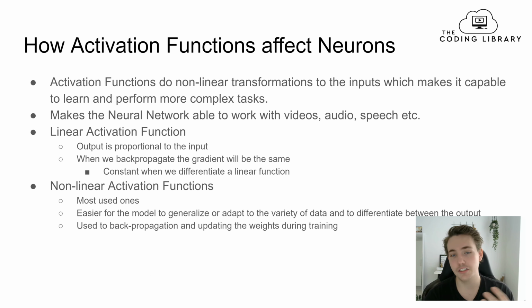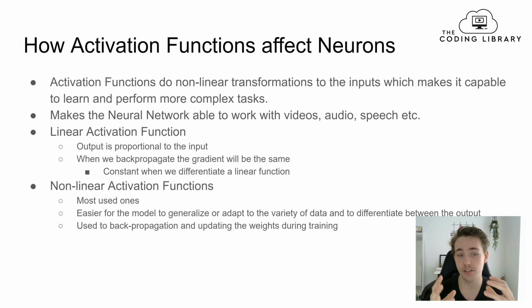So how do activation functions affect the neurons in a neural network? Activation functions do nonlinear transformations to the input, which makes it capable of learning and performing more complex tasks. This is one of the most essential things in neural networks, because activation functions do these nonlinear transformations.